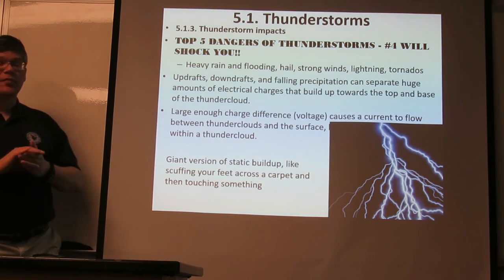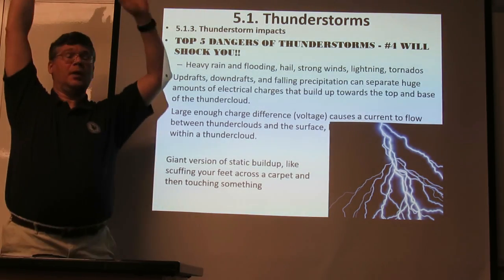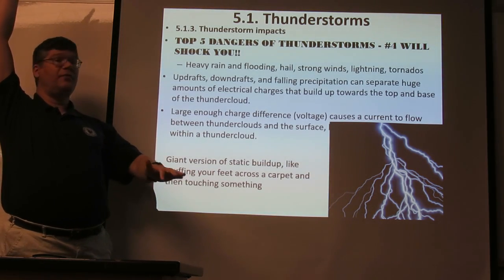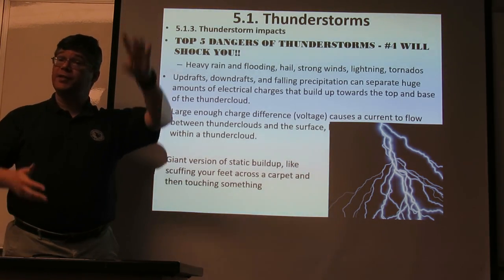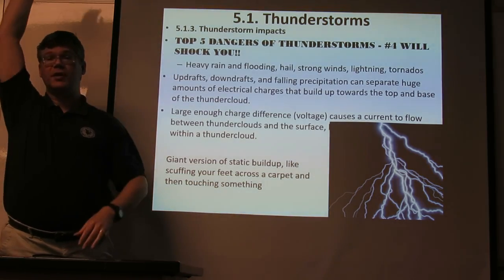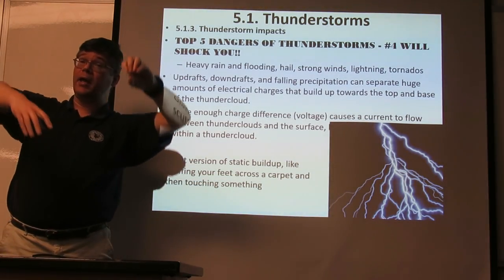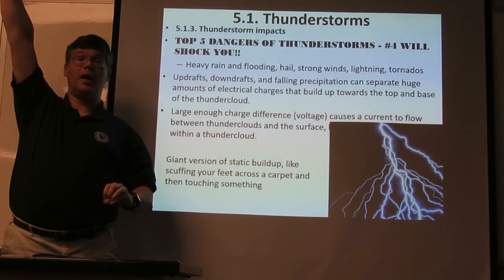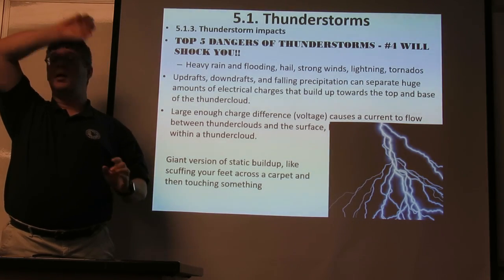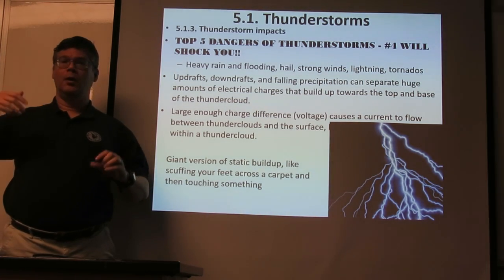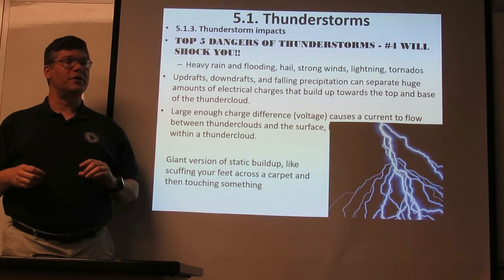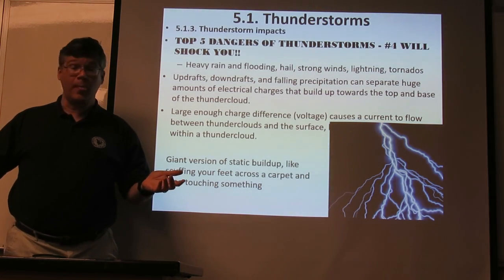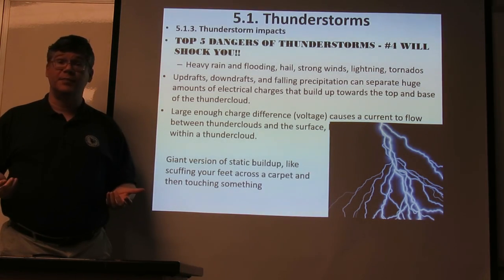So again, basic idea, we've got the rising air, updraft, falling stuff, downdraft, and precipitation. And these can build up different electric charges on the stuff moving up and down and separate stuff with positive and negative charge. And eventually, when those build up to strong enough charges, air's a pretty good insulator, but it's got its limits.